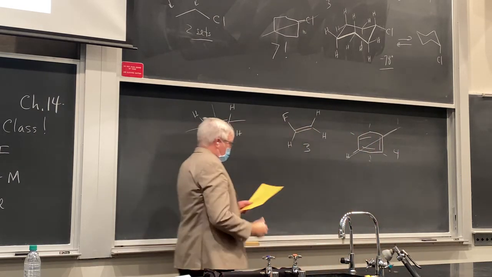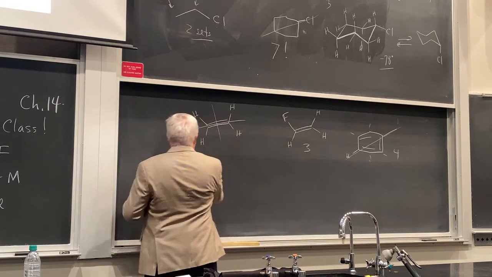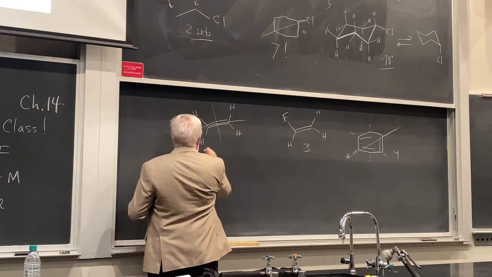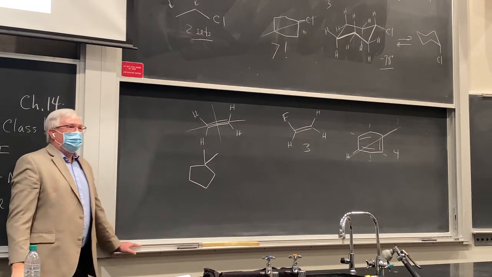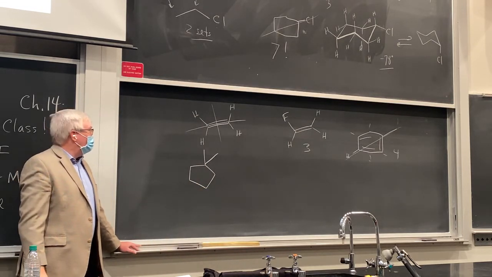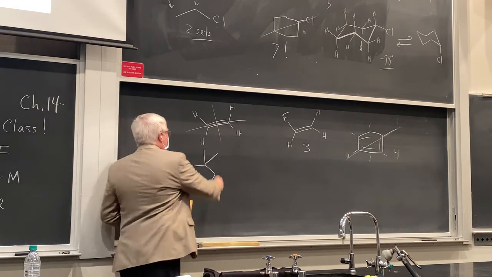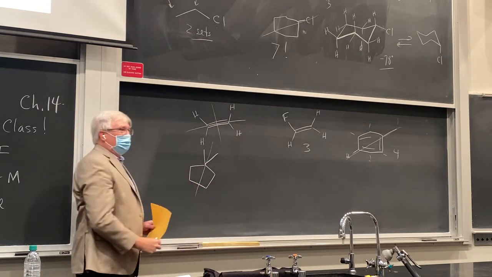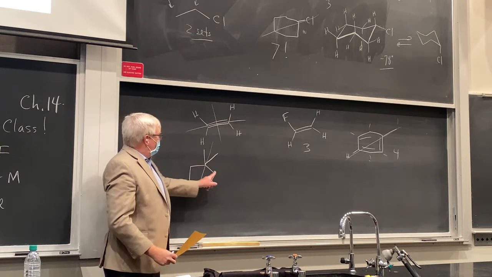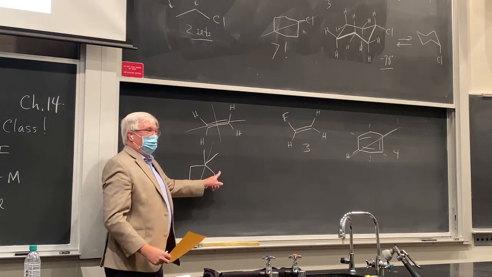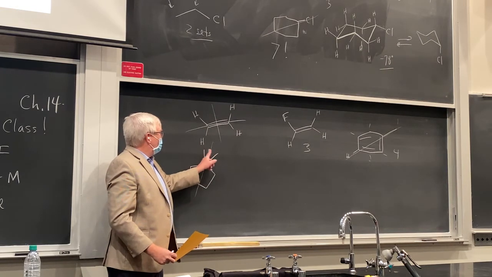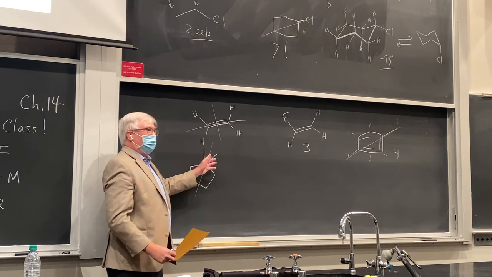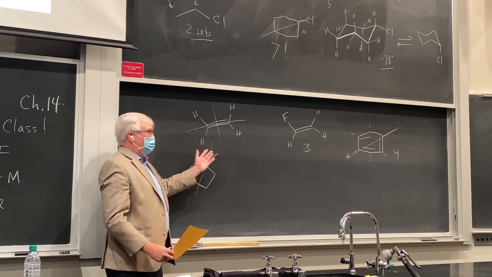Okay. How about this one? Dimethylcyclopentane. The 2 methyls are the same. You have a mirror right through the middle of the molecule. These 2, will those be the same? Yeah, because one is cis and one is trans, but you have a methyl both up and down anyway.